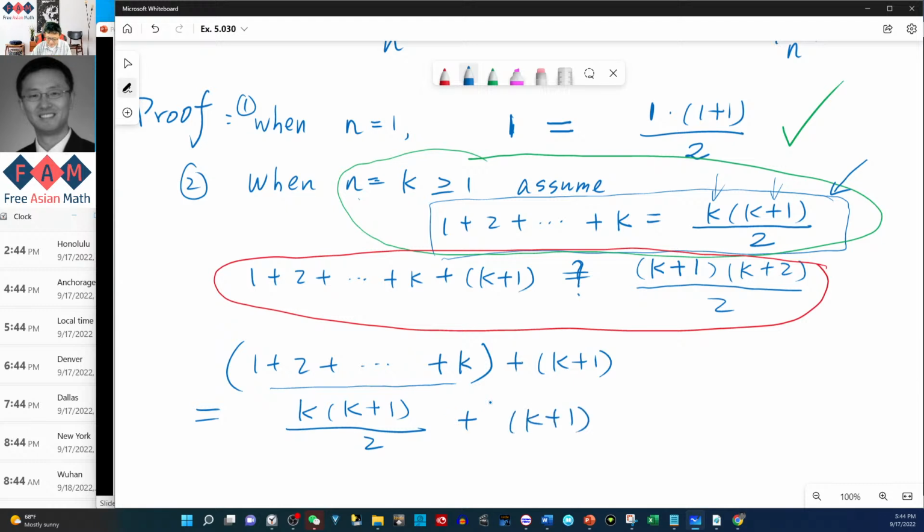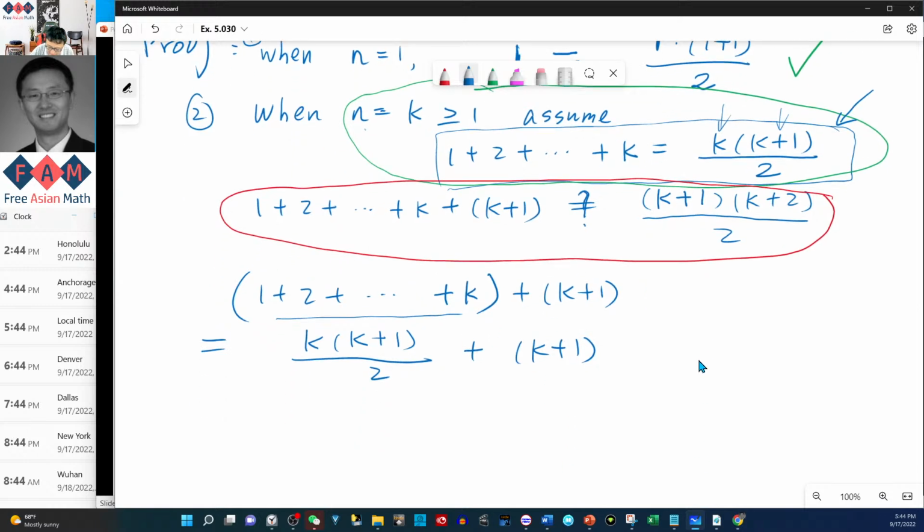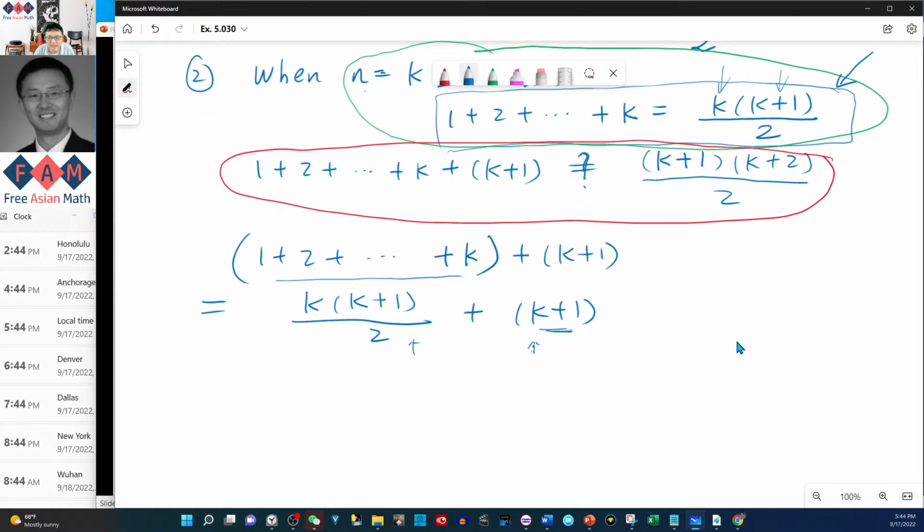And what is this? You can see clearly in both terms, we have a k plus 1 here. By using the distributive property, we can factor out. For those of you who have not known the distributive property, you'll recognize that something like, say, 6 plus 8, you can factor out 2 because both are even numbers.